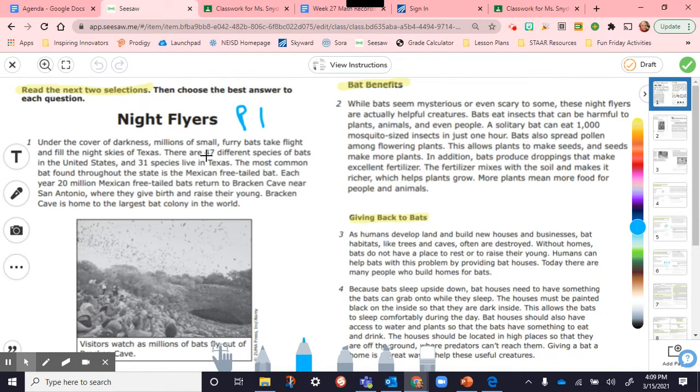So we know that this first one is passage 1. This is called Night Flyers, and this is mentioning the bats that we have here in San Antonio at the Bracken Cave near San Antonio. This was interesting to read about, and it talks about how many different types and things like that, the benefits, and then how we can give back to bats.